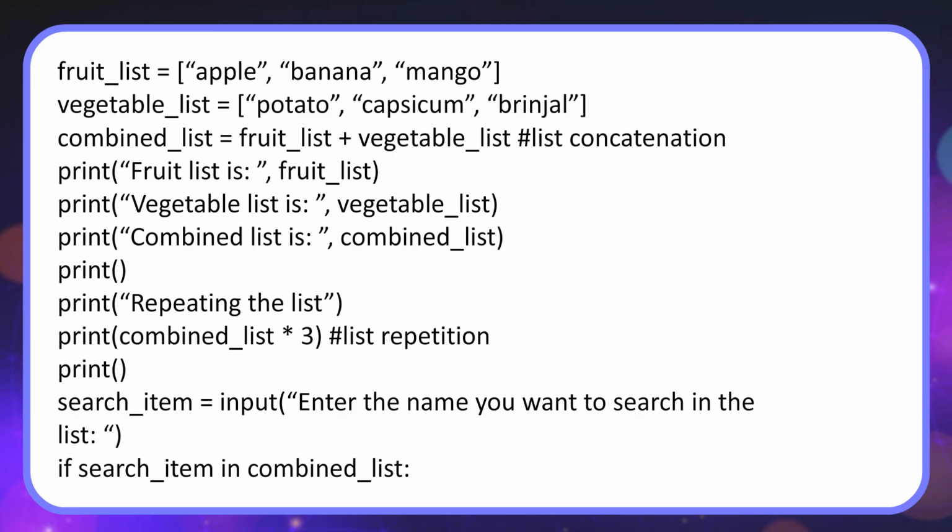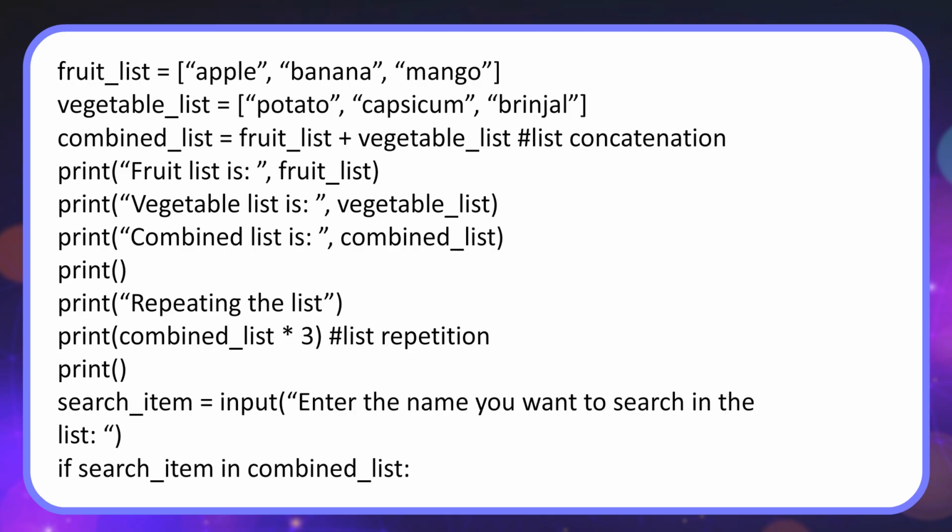Print fruit list is, fruit_list. Print vegetable list is, vegetable_list. Print combined list is, combined_list. Printing the repeated list: print(combined_list * 3).